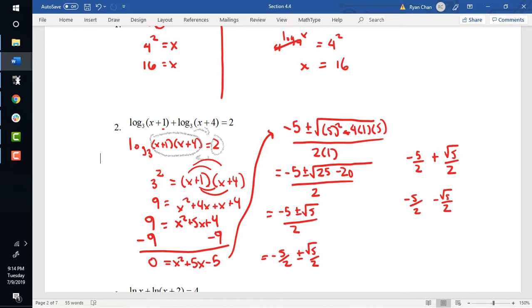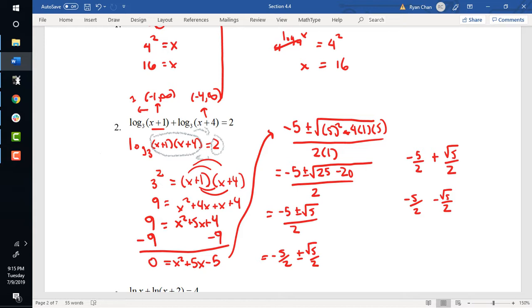Now remember, log of x plus 1 goes to the left by 1, so my domain is -1 to infinity. This one here is -4 to infinity. Okay? So those are my 2 domains, okay?